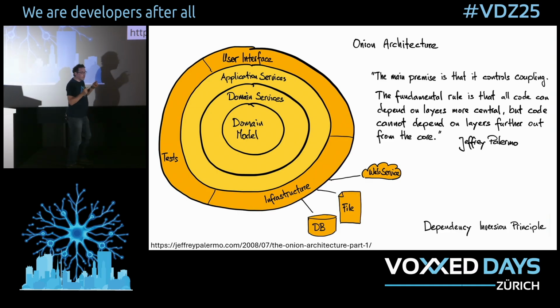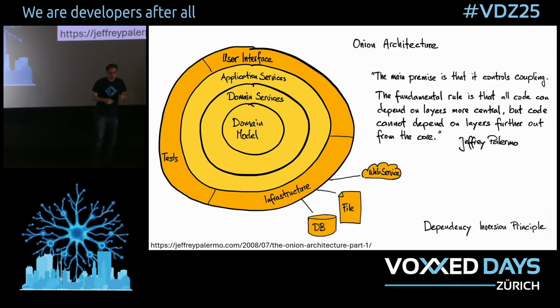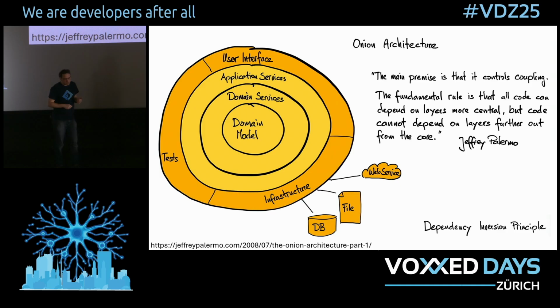So all the static dependencies point only inwards, never outwards. You can know things in the same layer, but not things further out. So the application services can know the domain services, which can know the domain model, but not vice versa.